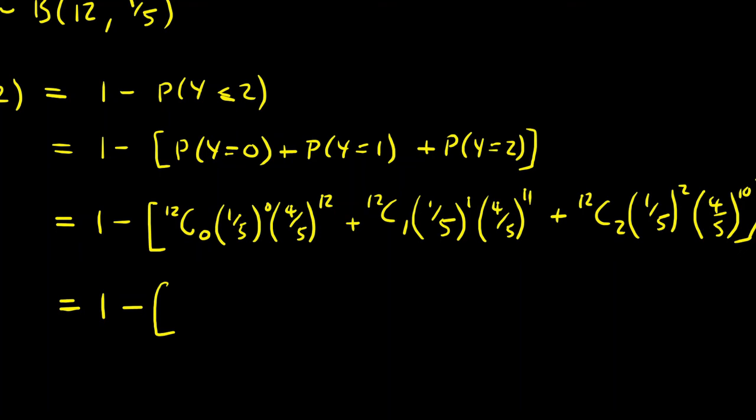So 12C0 is 1, a fifth to the power of 0 is 1, so we've got 4 upon 5 to the power of 12, whatever that is, plus 12C1 times by a fifth, and then times by 4 fifths to the power of 11.